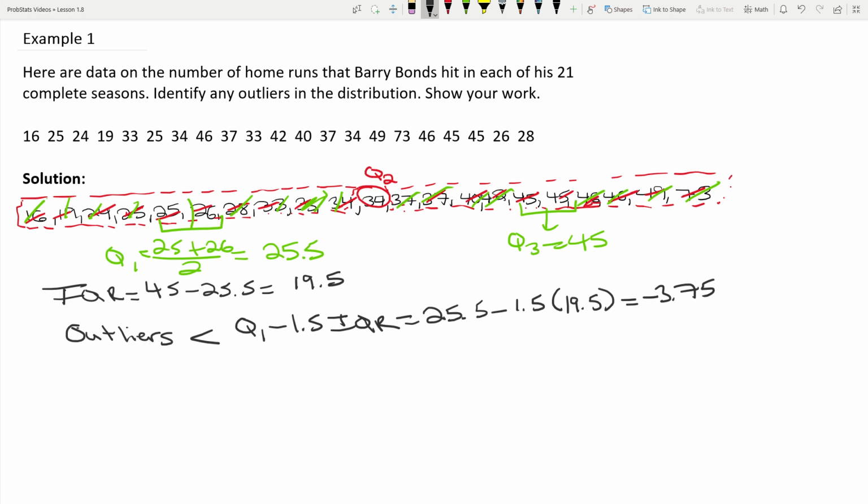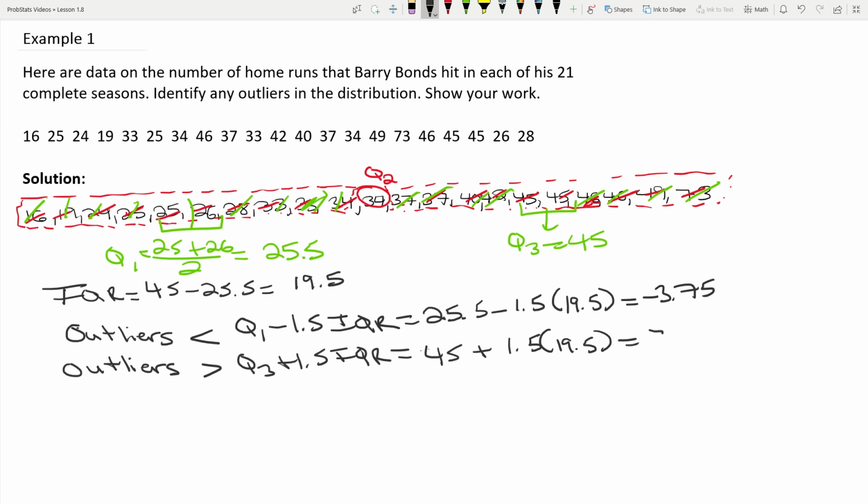So the outliers have to be less than negative 3.75, or the outliers have to be greater than Q3 plus 1.5 IQR. So the outlier has to be less than negative 3.75 or greater than 74.25.